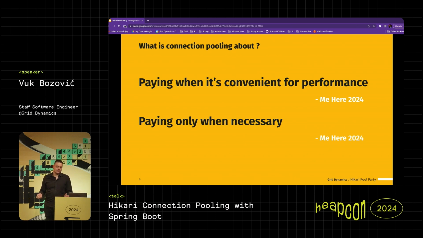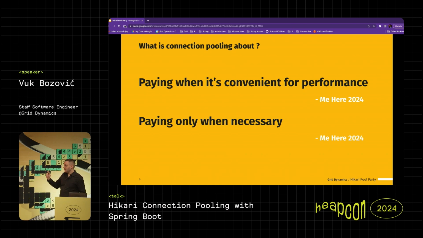Now, when is it convenient for us to pay? Well, at application startup. We have different ways of deployments, zero downtime, all that good stuff. So personally, I think that's the best time to pay up front. And when is it necessary? Well, usually in exceptional cases where connections need to be restarted, something goes wrong with the network, or anything similar.